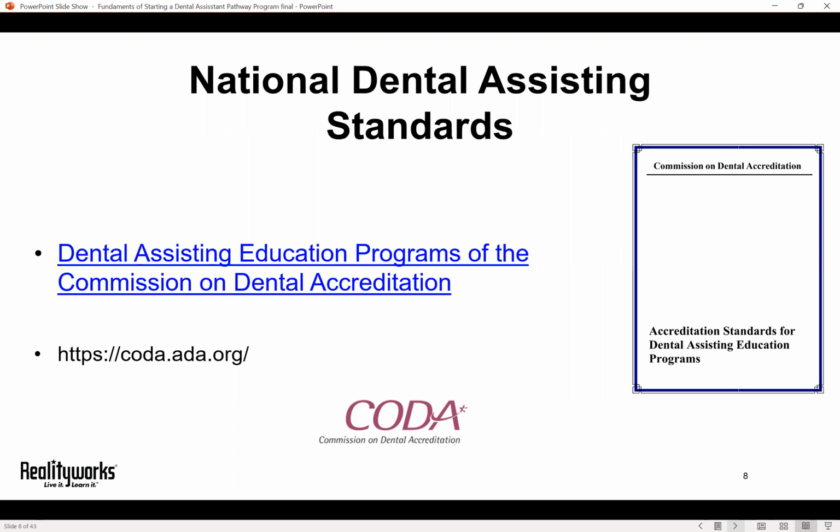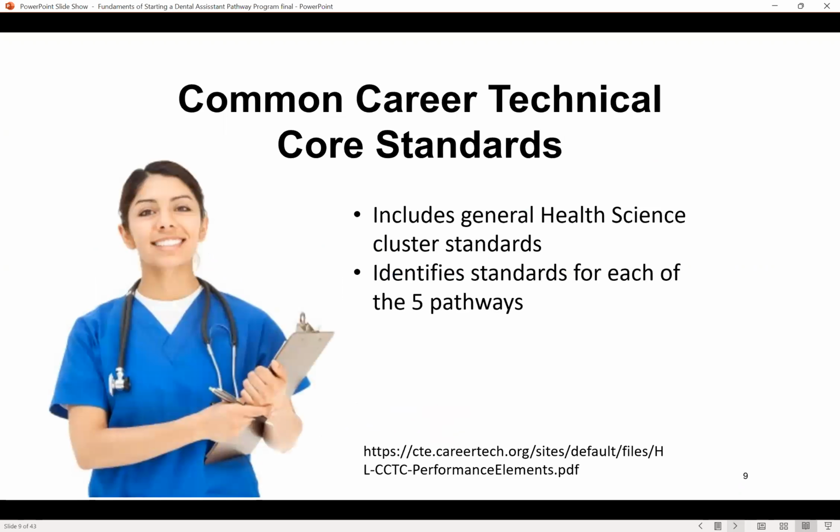Third, to serve as a stimulus for the improvement of established programs. Fourth, to provide criteria for the evaluation of new and established programs. And of course, fifth, to protect those enrolled students. We also did notice that these standards are followed by the Skills USA competitive event in dental assisting. So another really good place for information to go to.